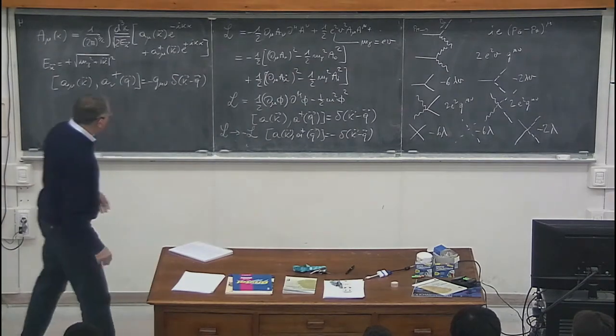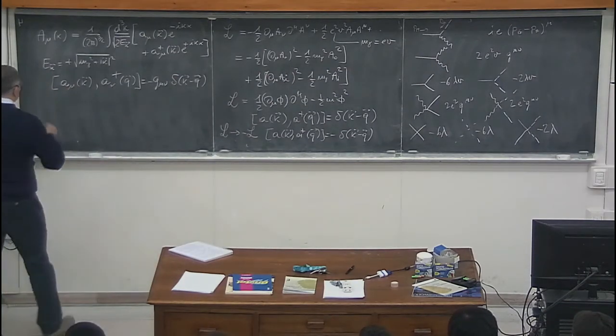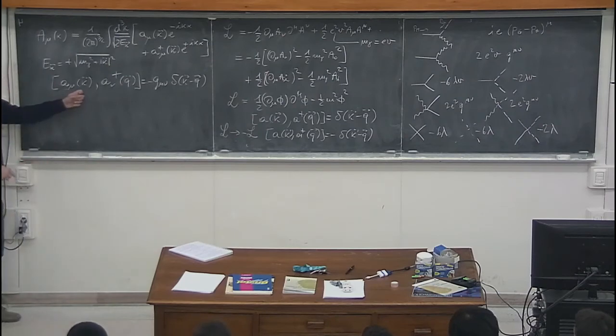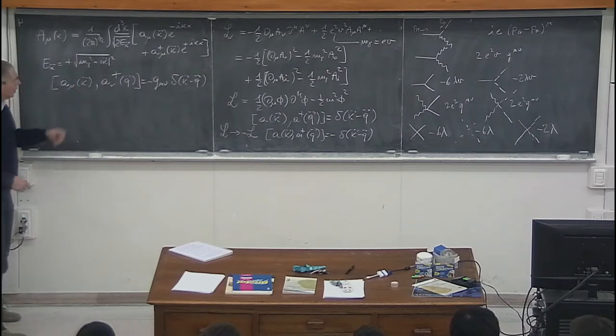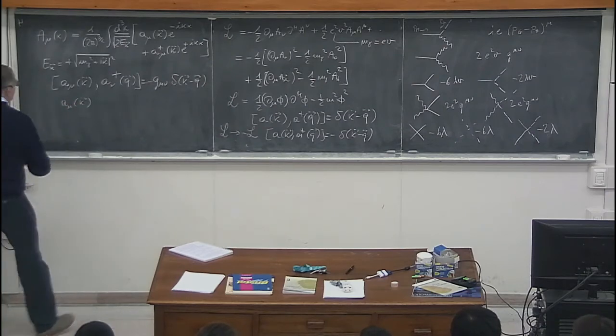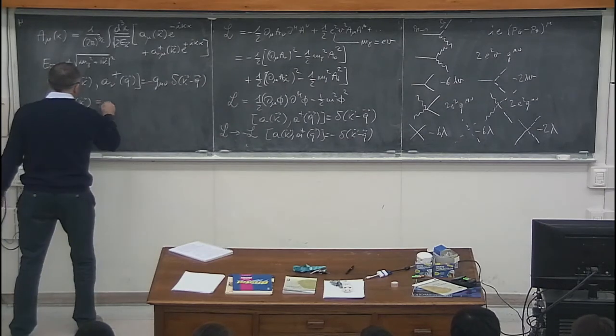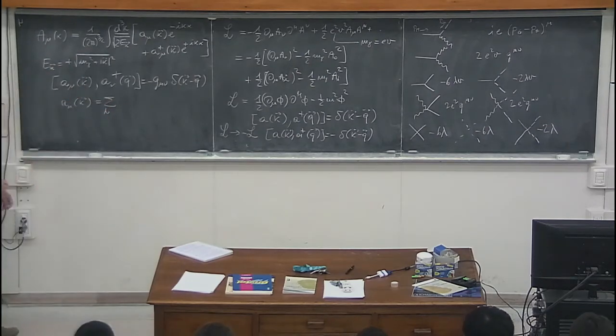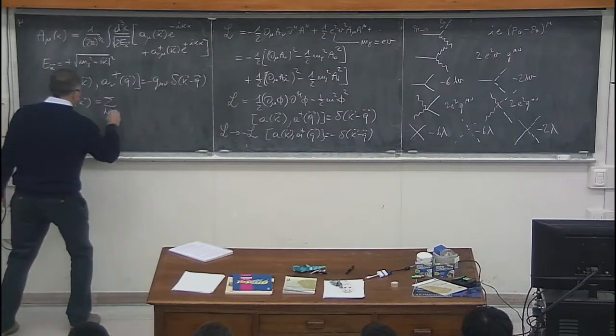Now, it is convenient to expand each of these 4-vectors in a basis which depends on k, which means that I will write a mu of k as a linear combination, a sum over lambda, where lambda goes from 0 to 3.